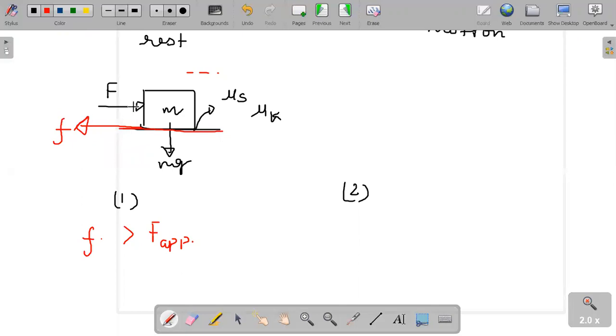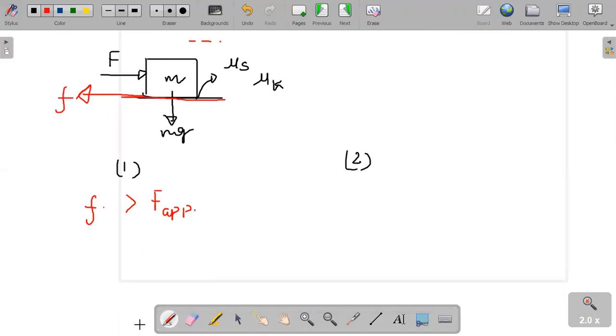Means if friction force is more than the force applied, then it will be static. मतलब motion में नहीं है. In this case mu s will be applied, means mu static into mg.